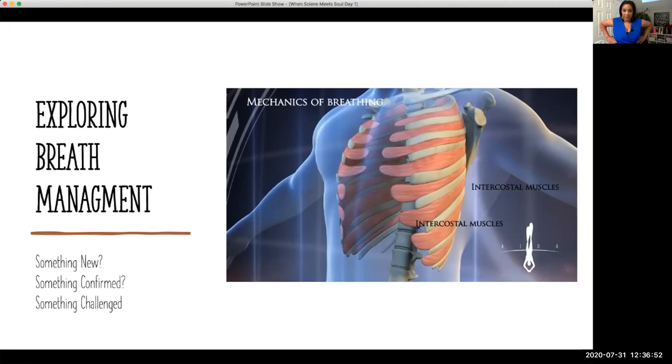Does that make sense? It's showing you all the muscles contracting, but it's not for you to say, collapse my lungs, expand my lungs. Okay, thank you for bringing that up.